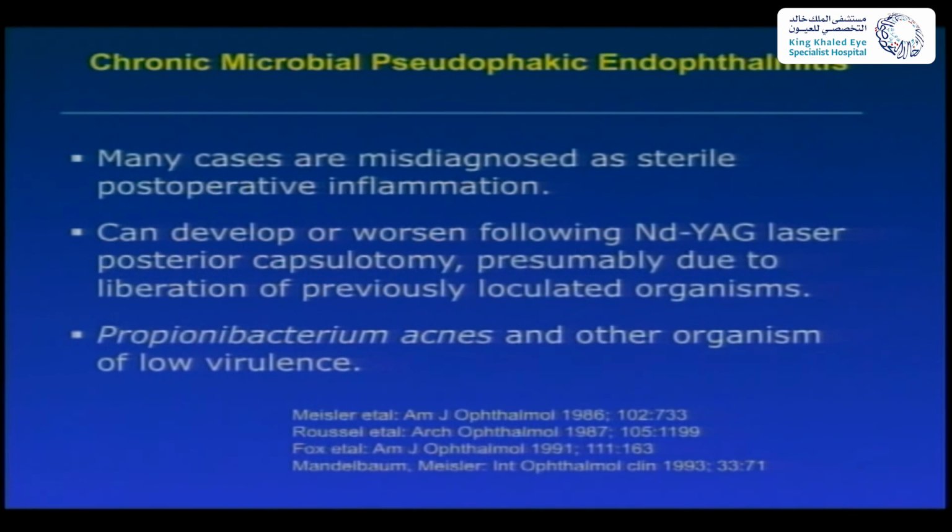When you do the YAG capsulotomy, the organism is released and causes the inflammation. When this disease was first described in the literature, it was associated with Propionibacterium acnes and organisms of low virulence.